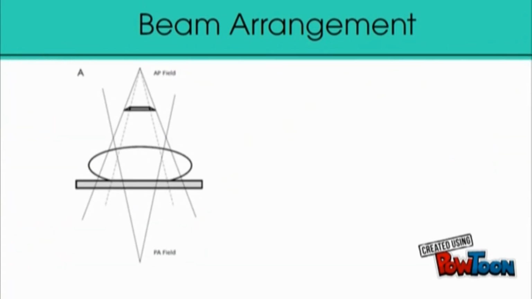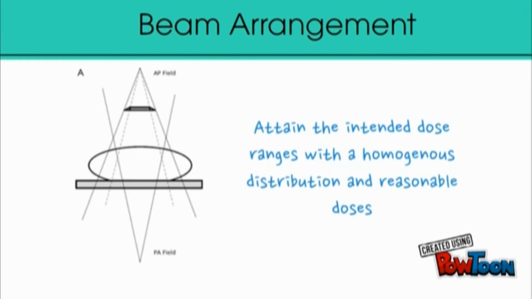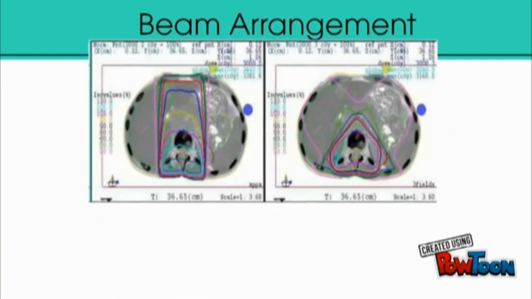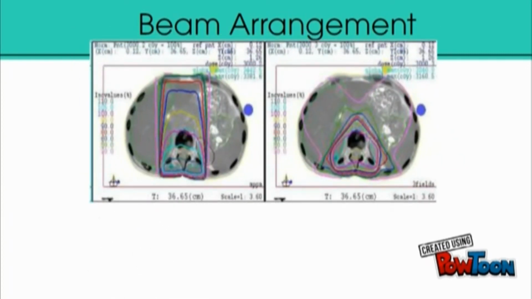Meanwhile, for APPA fields, the plans did attain the intended dose range with homogeneous distribution and reasonable dose to the medulla spinalis, esophagus, and intestines.